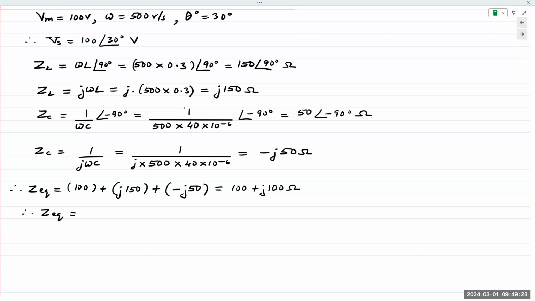So ZEQ is 141.4 with a phase angle of 45 degrees. The reason I'm converting into polar is because I need to perform a division and multiplication later on. So I'll find both at the same time. So far, so good. Any questions? Any questions at all?